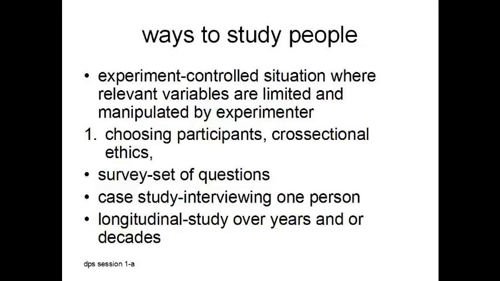So when you are choosing your participants in an experiment, it's a good idea to have a variety of participants: different ages, genders, races, socioeconomic status. The reason is that Freud got in trouble because he came to his conclusions from women who had hysteria because of their family life, and they were rich women.